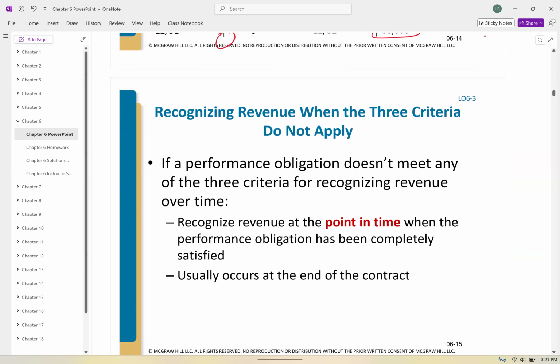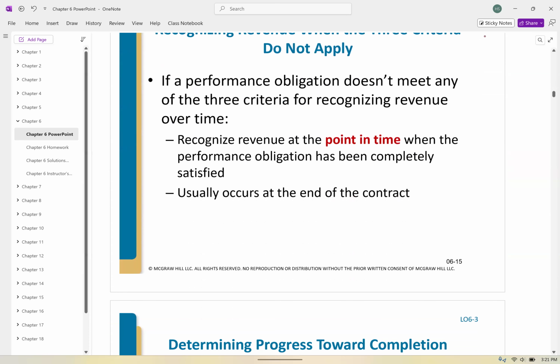All right. So if the performance obligation doesn't meet any of these 3 criteria for recognizing revenue over time, we will recognize revenue at the point in time when the performance obligation has been completely satisfied. This is usually at the end of the contract.